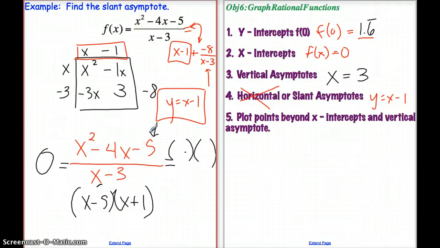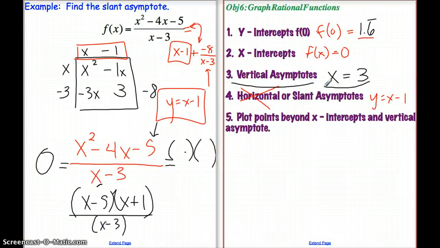The only logical things to try, because of the final term, is 5, negative 5, 1, negative 1. And then, of course, we still have my denominator. This reassures me that the vertical asymptote will be at 3. It would be a hole if, in fact, I had the same exact factor on top. But since these factors are different than the denominator, they are not going to be holes.